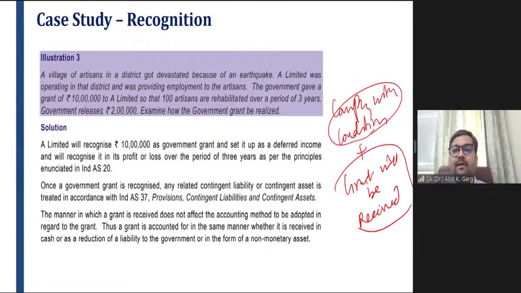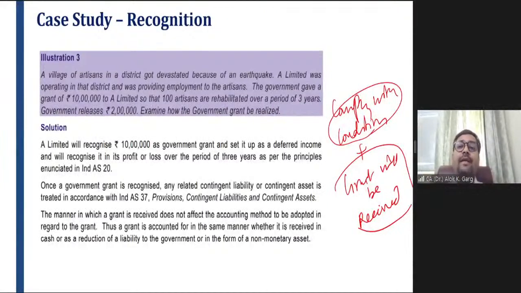So guys, if there is a reasonable assurance that the entity will comply with the condition and the grant will be received, in that case, this 10 lakh rupees has to be recognized as a government grant. Sir, do we need to recognize this 10 lakh rupees upfront at the beginning of the year, or over a period of 3 years? So guys, it has to be recognized over a period of 3 years.